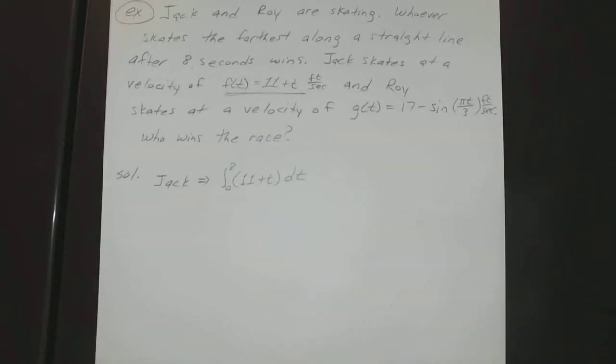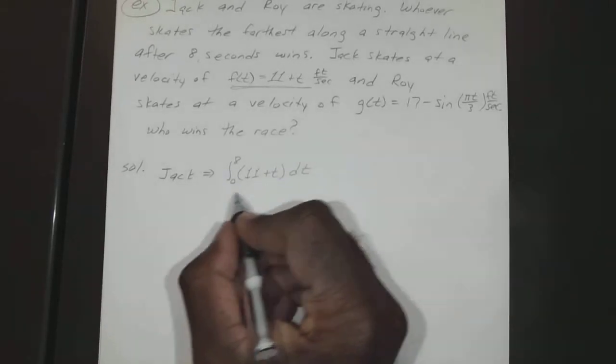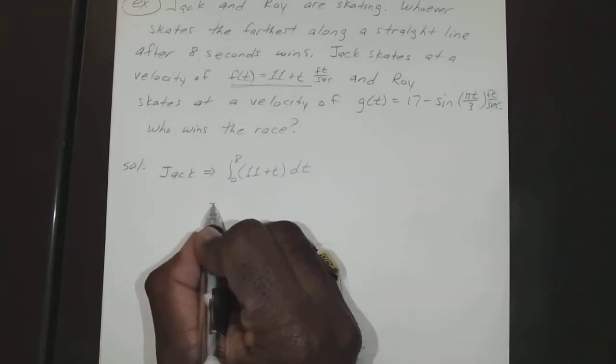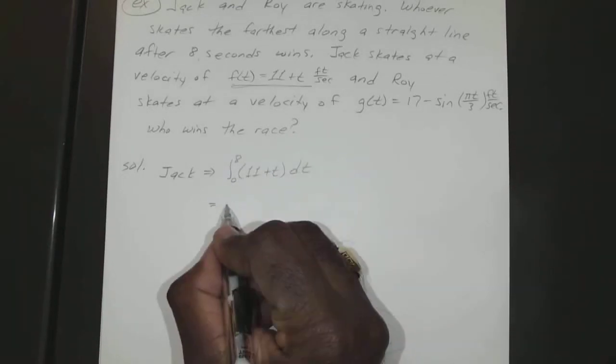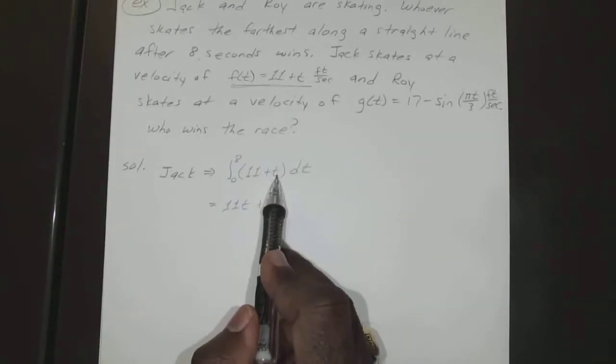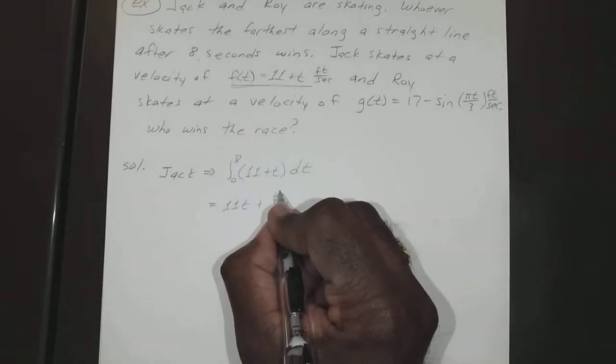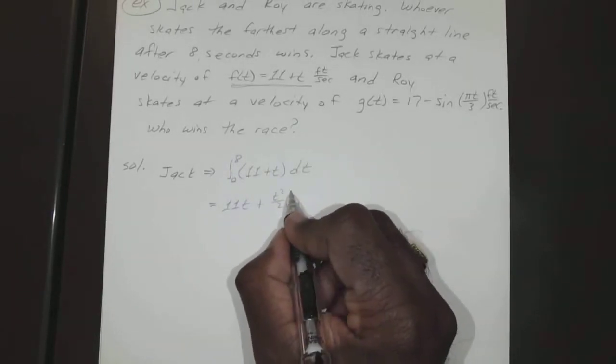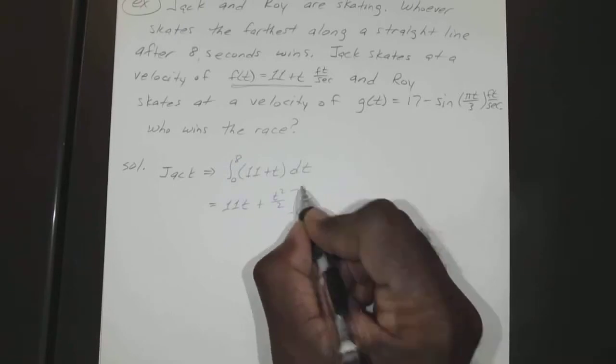Okay, so now we find his net displacement. The integral of 11 is 11t plus the integral of t, which is t squared over 2, from 0 to 8.